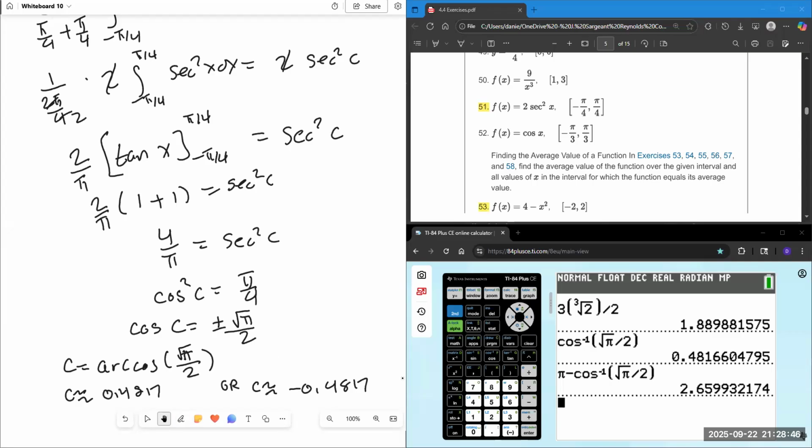I'll have the same x value that will be positive. I'm not going to get the negative answers in this interval here. Cosine is going to be positive here, so I'll eliminate the negative answer, and that's going to give me two positive answers in this interval.